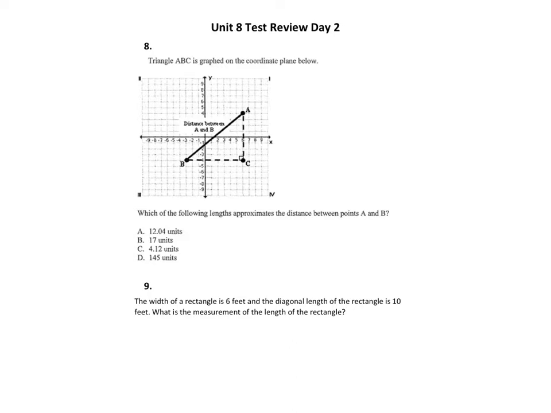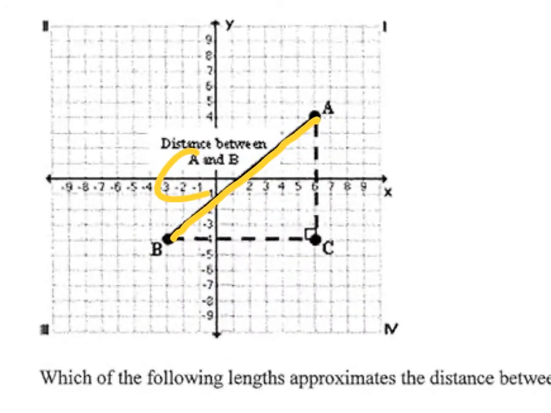So number 8 says triangle ABC is graphed on the coordinate plane below. Which of the following lengths approximates the distance between point A and point B? So here's point A to point B, and this is side C. So now I'm going to take a look at these from here to here. This looks like my shorter side. I'm not really sure, but I'm going to call that side A, which is 1, 2, 3, 4, 5, 6, 7, 8 in length.